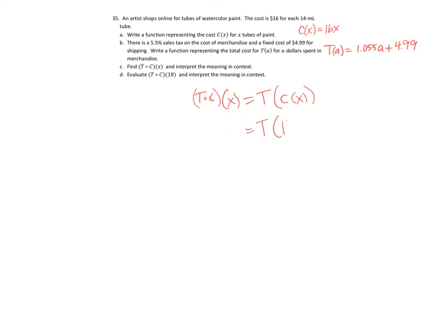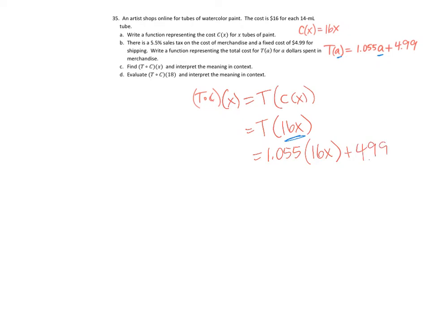It's 16X. I'm going to take that 16X and plug it in for the input of the function T. So I'm going to do 1.055 times 16X, and then plus $4.99.